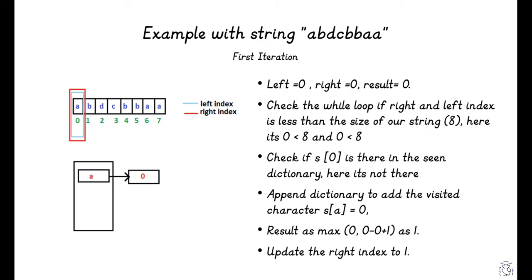Since it is, we get into the if condition where we check if S of 0, meaning A, is there in our seen dictionary or not. Since it is not, we will append that element to the dictionary as key and the index of that element as value. Then we will calculate the result as max of 0, 0 minus 0 plus 1, which is 1, and update our right index to 1.